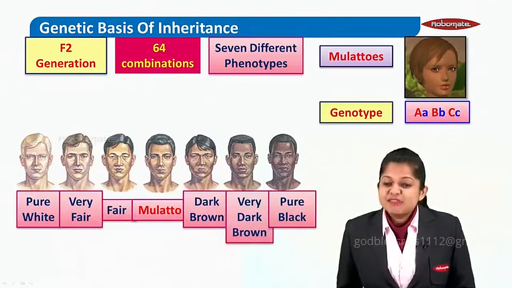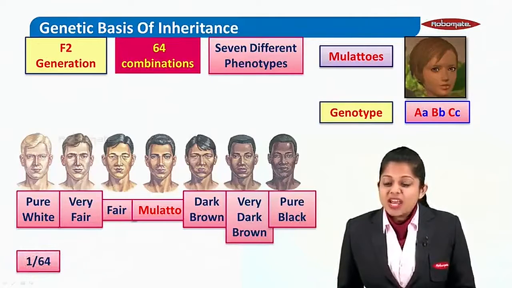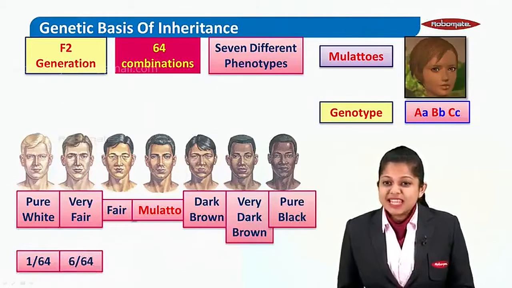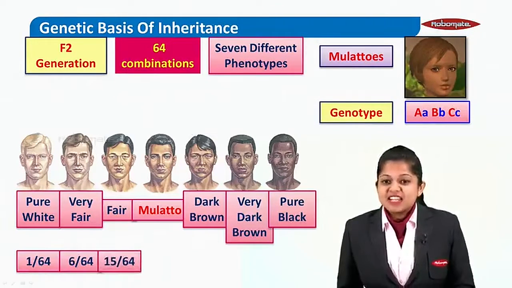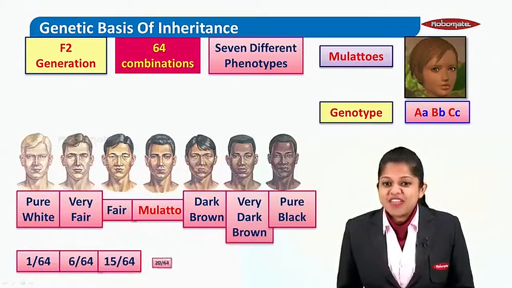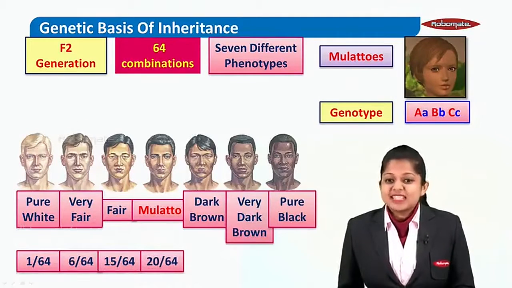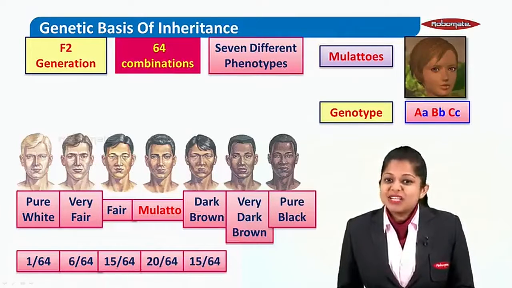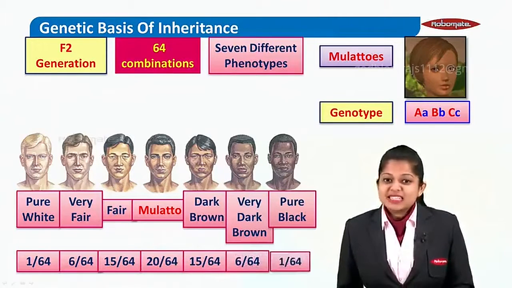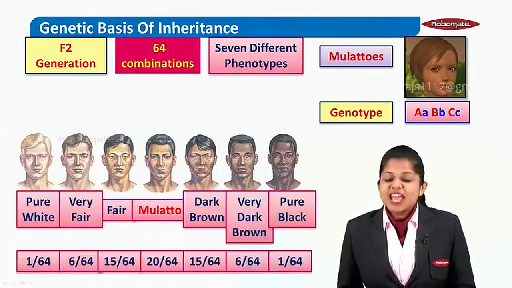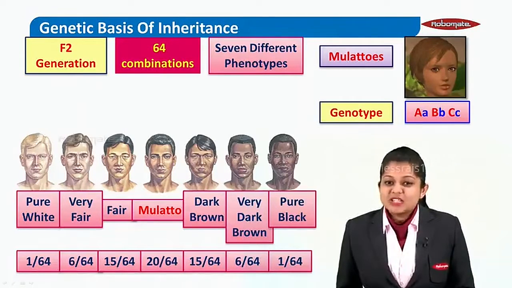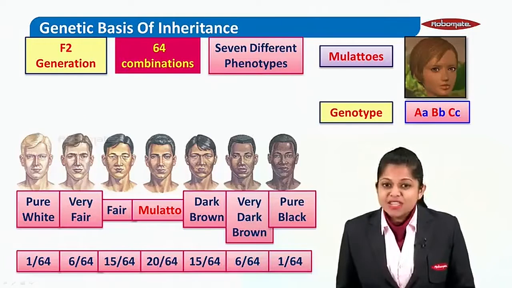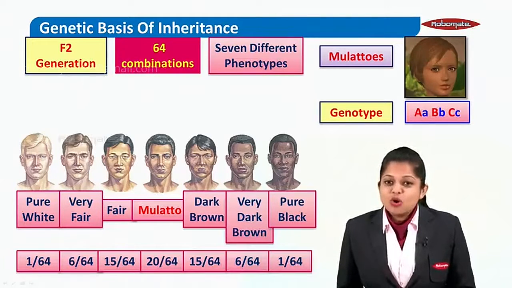Out of the 64 combinations, 1 is pure white, 6 are very fair, 15 are fair, 20 are mulatto, 15 again are dark brown, 6 are very dark brown, and finally 1 is pure black. Now all of this, as we know, is controlled by the cumulative effect of the dominant genes.